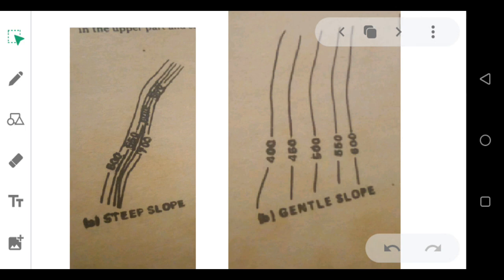This is how the contours are shown. Can you see the diagrams? For a steep slope, can you see the contours tightly knitted together? Now, can you see a gentle slope? How the contours are spread apart. So take note. We have steep slope and we have gentle slope.